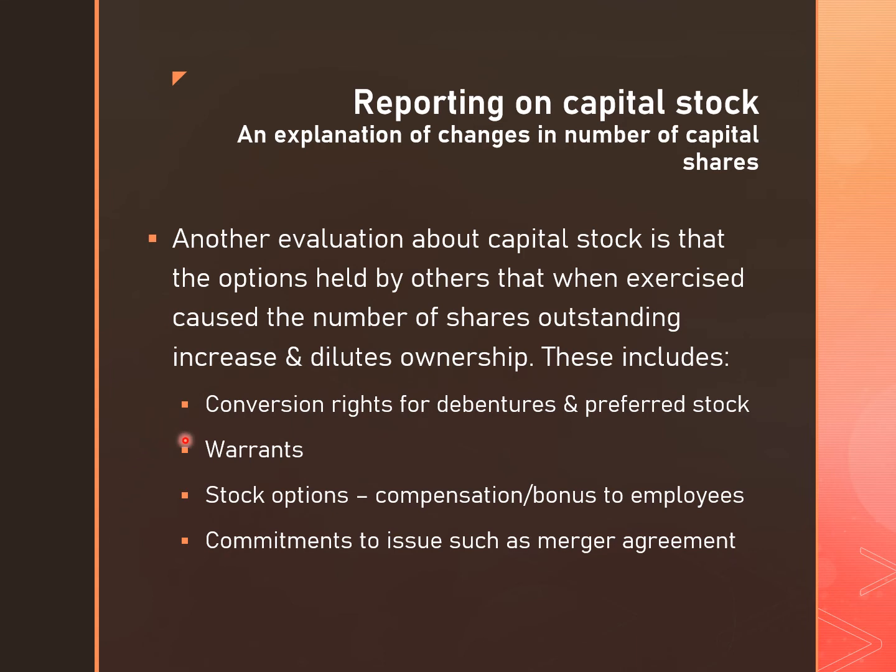So all these four adalah option. Masih lagi option. Dia belum lagi menjadi the actual shares. But kita kena tengok, kita kena evaluate kalau dia convert, kalau dia gunakan hak dia tu untuk convertkan these four menjadi shares, then what will happen to the ordinary shares?